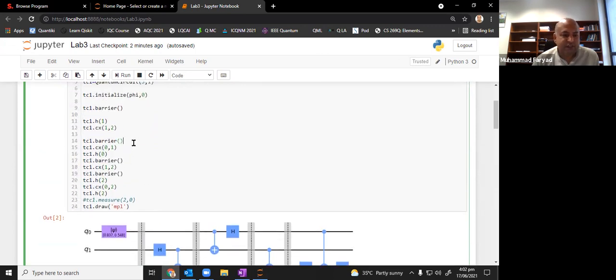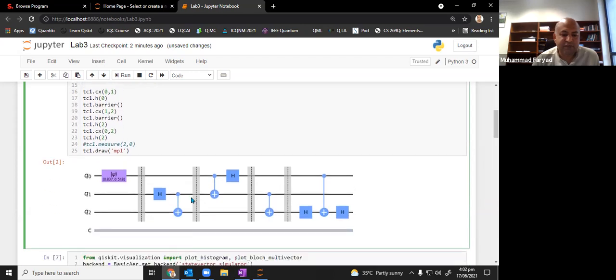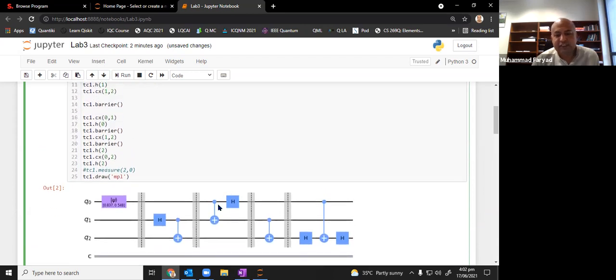And once I have this, I just put this artificial barrier for visualization. And then this is just the inverse of this entangling circuit, which is part of our entangling algorithm.